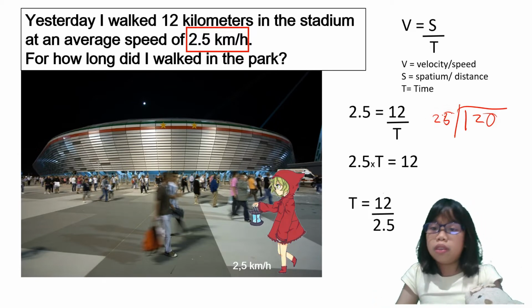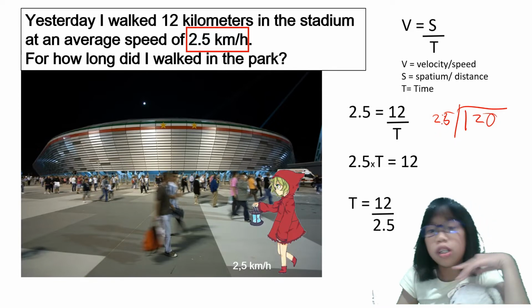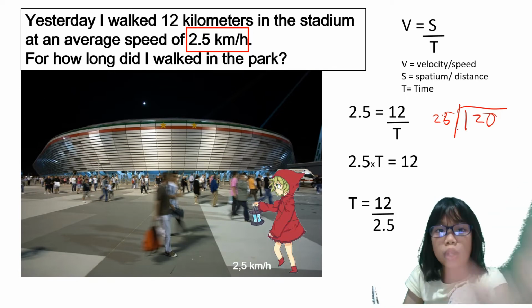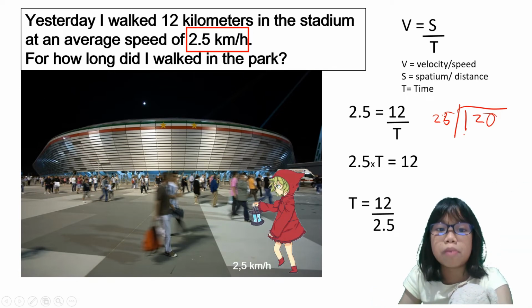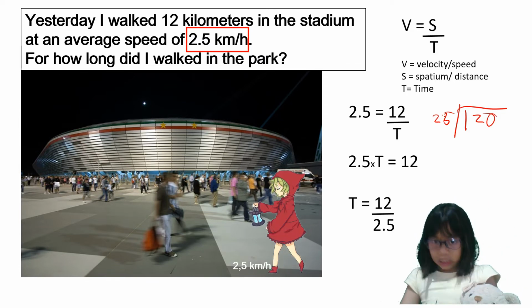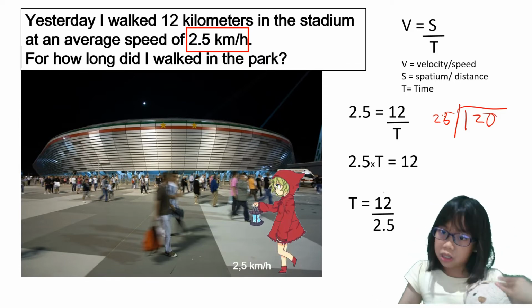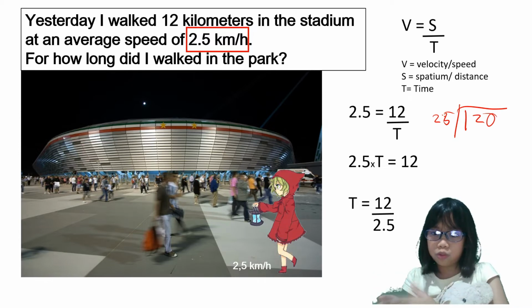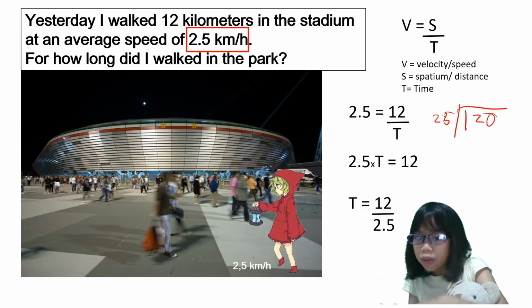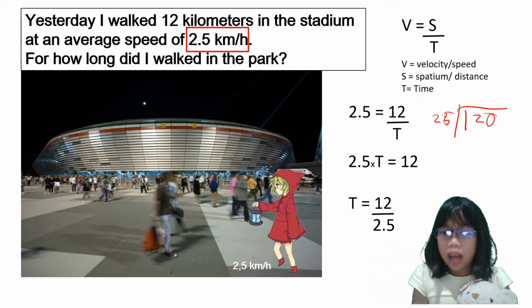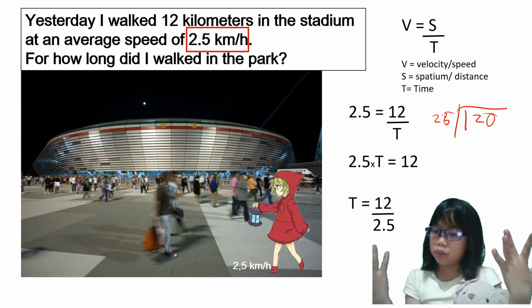Of course we know 100 divided by 25 is 4. It's really easy to remember: 25 times 2 is 50, and 50 times 2 again is 100. So 25 times 4 is 100.